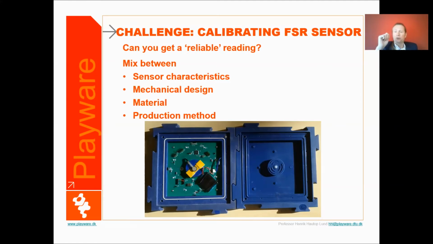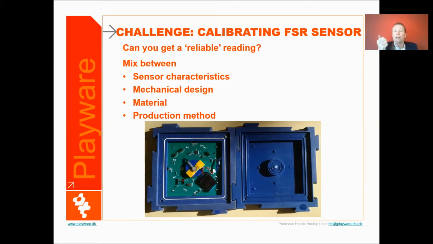Say we wanted to produce 1,000 tiles, we buy 1,000 force-sensitive resistors. Or you go down to the workshop and you pick those sensors. You believe that they behave in the same way, but it turns out they behave differently, one from each other. There are different sensor characteristics that influence that.